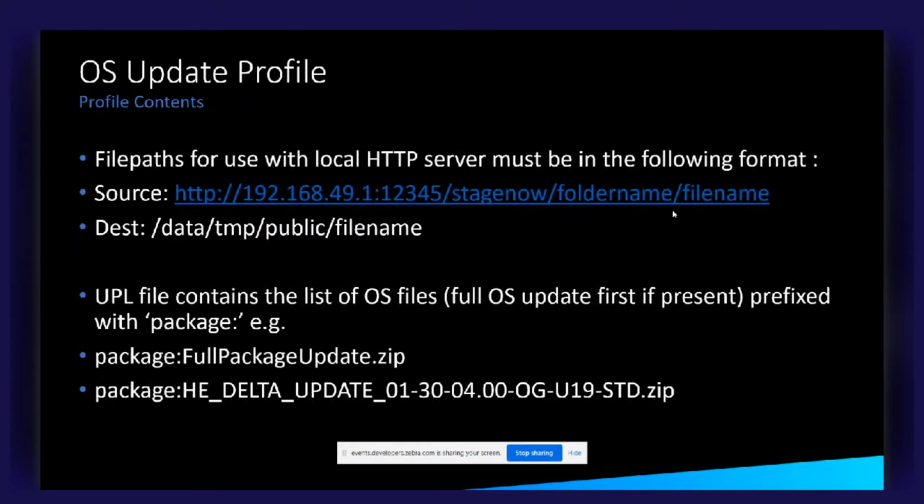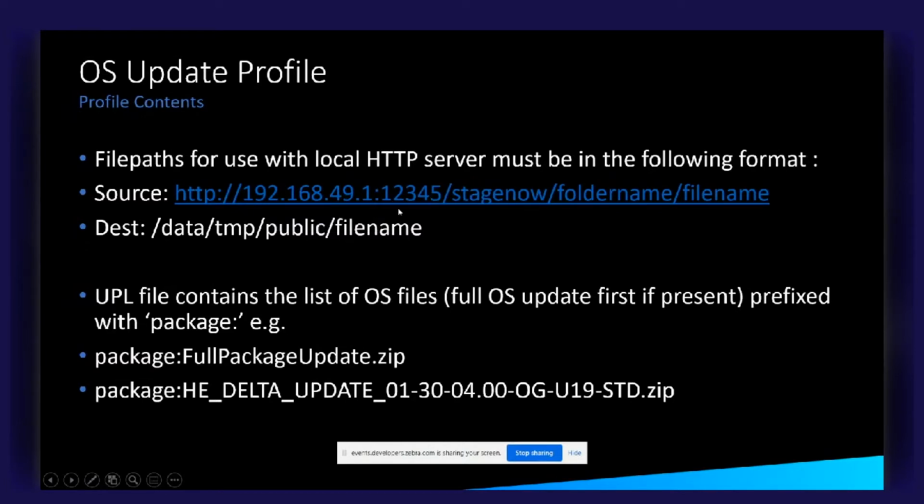Because on the host device we're going to run a local HTTP server, we need to use this particular format for the file path. So the host device is always going to have a fixed IP address of 192.168.49.1.